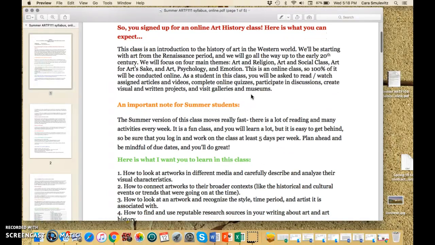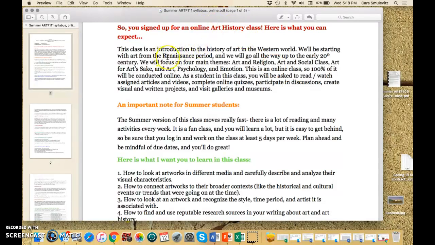Here's the class description. You can read this over on your own, but the short version is that it's an introduction to Western art. Western means pretty much Europe and America. We'll have some other global examples here and there, but mostly the course is focused on Europe with a little bit of the United States at the end.